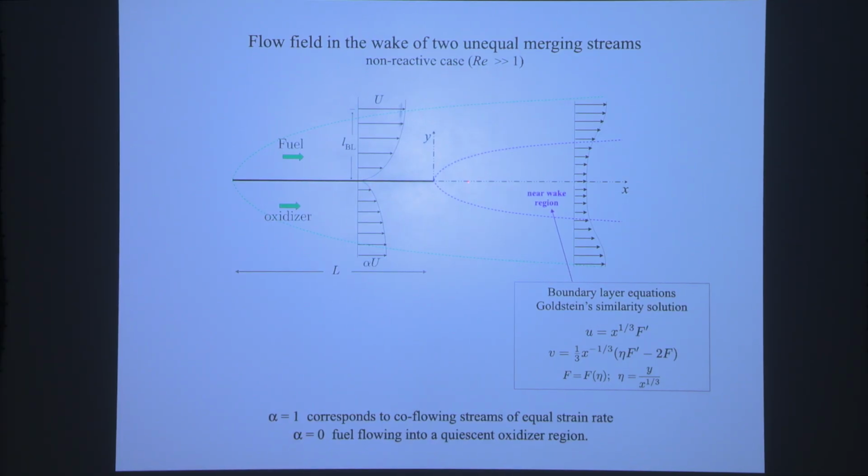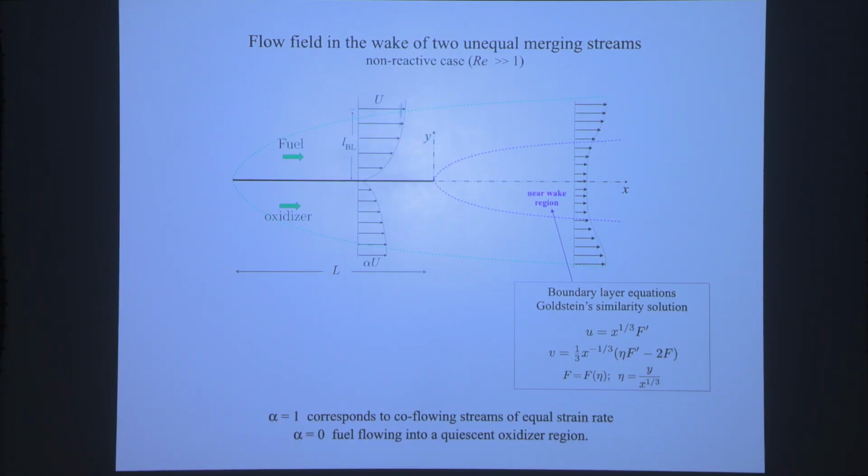And since we are in the vicinity of the tip, the condition at negative infinity, which is far upstream on the plate, is like the slope of these boundary layers, okay? But the slopes are in general different if you have two different streams. And the alpha coefficient indicates the ratio.